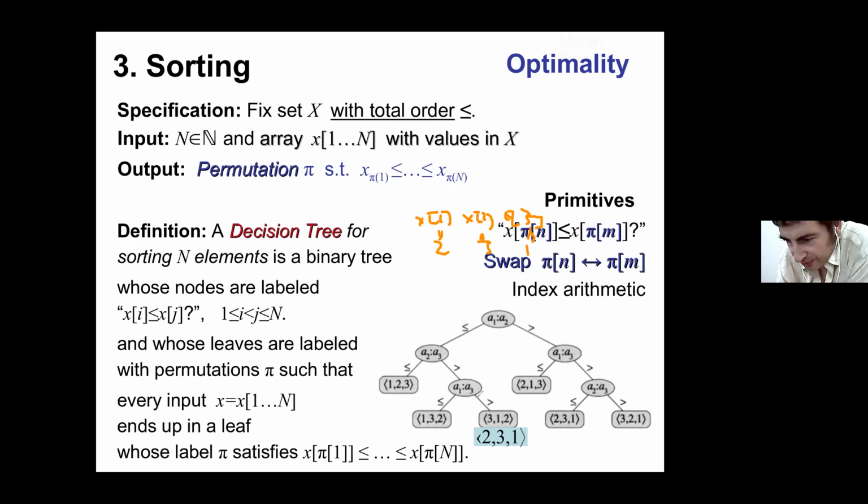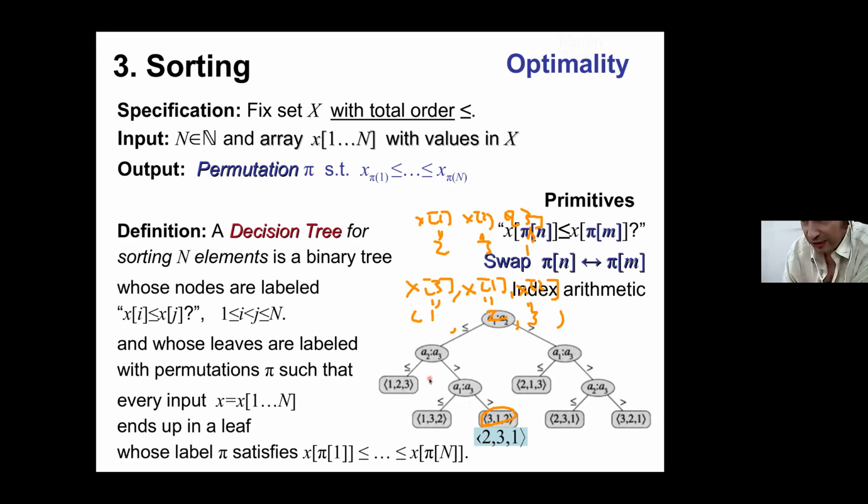What this permutation says is that I have to take the array in this way, x3, x1, x2, and then it is sorted. Let us test it. x3 is equal to 1, x1 is equal to 2, and x2 is equal to 3, and the array 1, 2, 3 is sorted. It is easy to see that this permutation, in the orange circle, is exactly the inverse of that one.